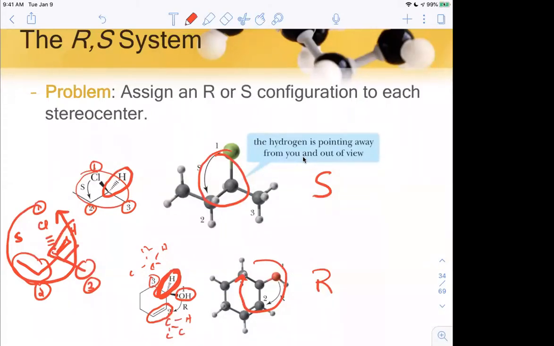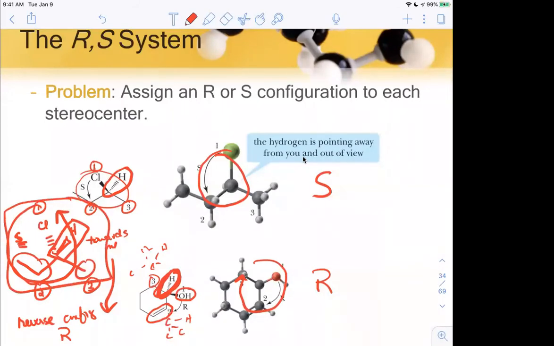But because this is pointing towards me, I'm going to reverse the configuration. Instead of S, it's actually R. So this drawing is actually equal to the enantiomer of this guy. And again, if you build a model, you'll be able to see that.